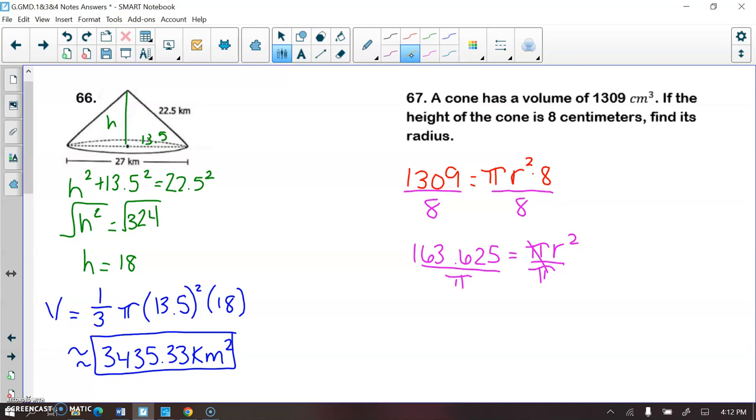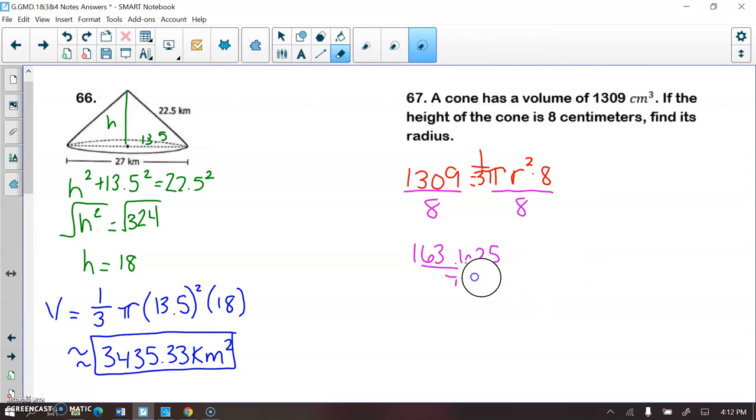Oh, I'm sorry, I forgot the 1/3. So actually, I'm not going to divide by pi right now. Let's do this. So 1/3 pi r squared.